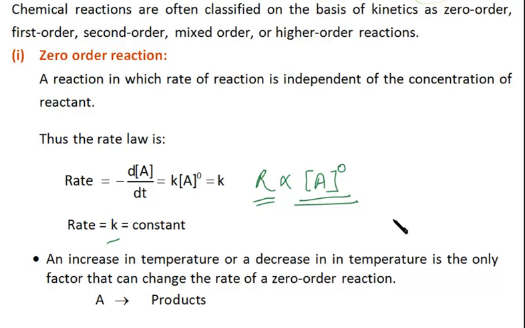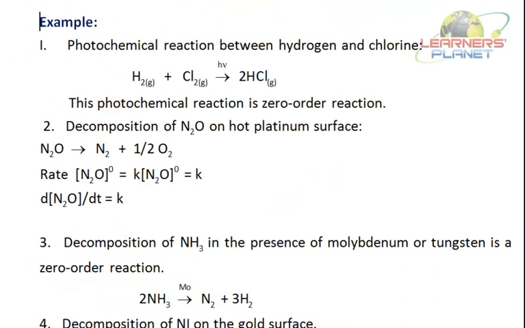Let's take up some examples. The very first example is the photochemical reaction between hydrogen and chlorine. Photochemical means it is taking place in the presence of light. In this case, the reaction is independent of the pressures of the gases, the hydrogen and chlorine, because it takes place by the free radical mechanism.